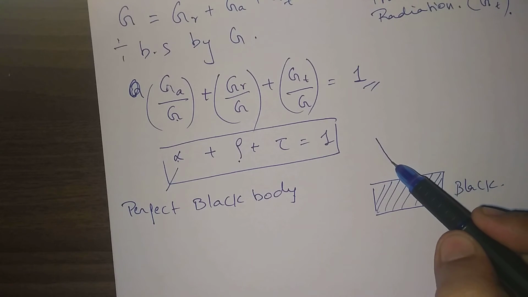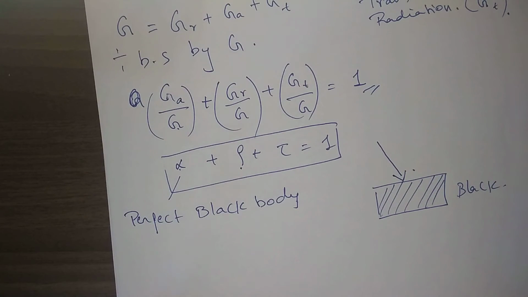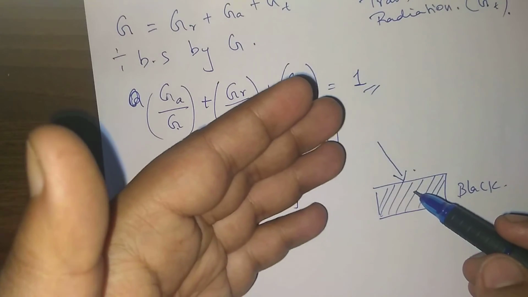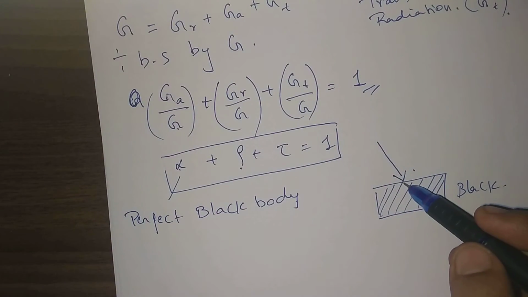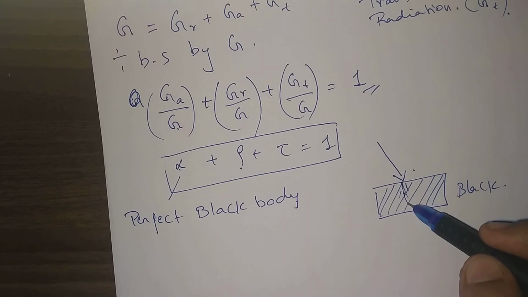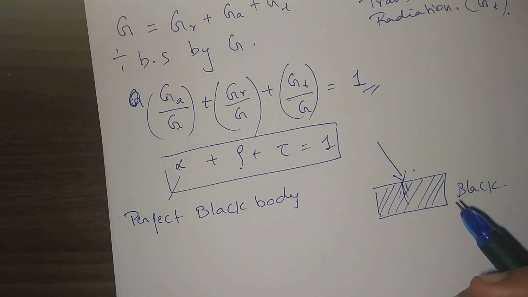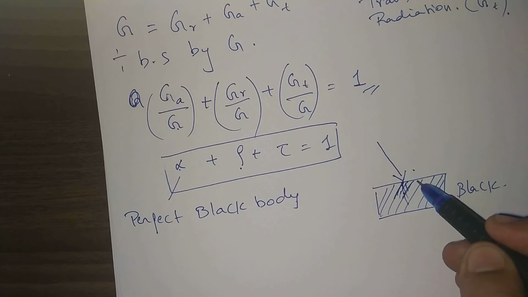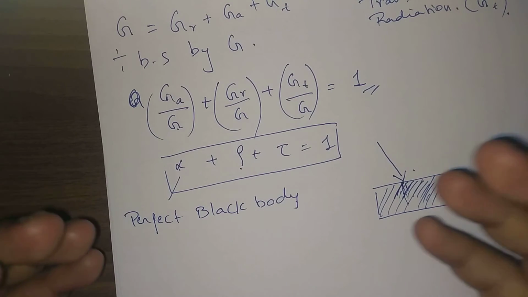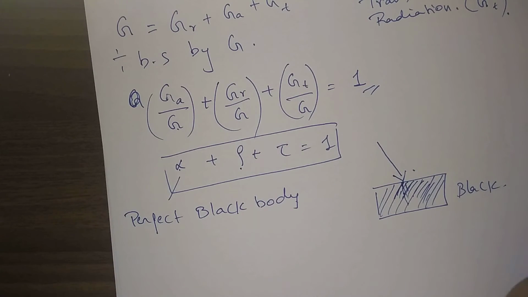If some radiation is falling on it, first of all, it absorbs all the radiation. It will not simply allow the radiation to pass through; all the radiation gets absorbed inside the black body. So that is the reason it is called a black body.